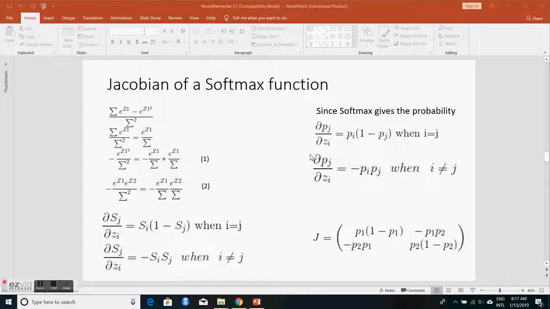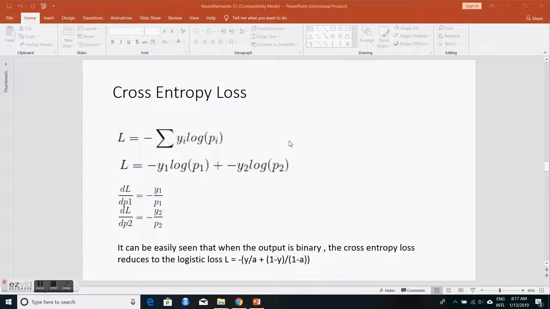As I said, since the sum of all the softmax values will be equal to 1, I just replace it by the value of P as a probability. So now substituting this, for element 1 1 it will become P1 into 1 minus P1 using this Jacobian formula, and this will be minus P1 P2, this will be minus P2 P1, and for element 2 2 it will be, using this one, when i is equal to j, P2 into 1 minus P2.